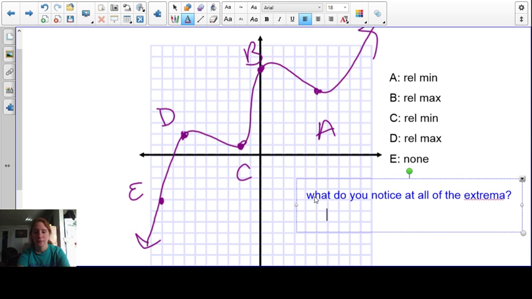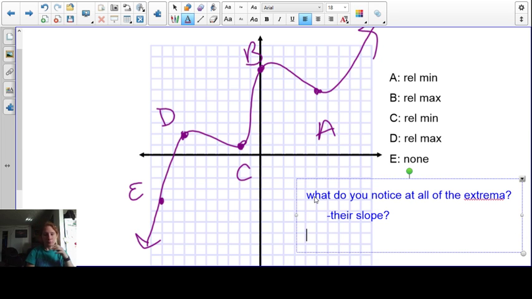Specifically, what do you notice about their slope? Well, at all hills and valleys, my slope is nothing. My slope is going to be 0.